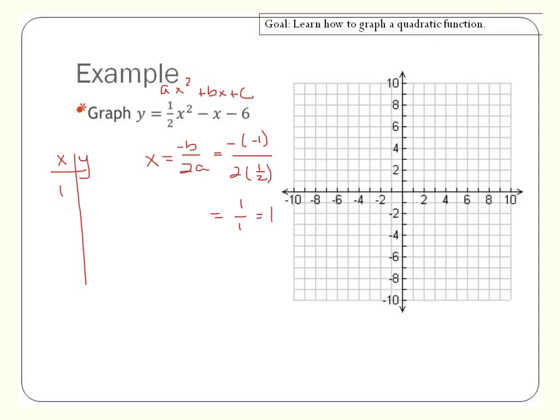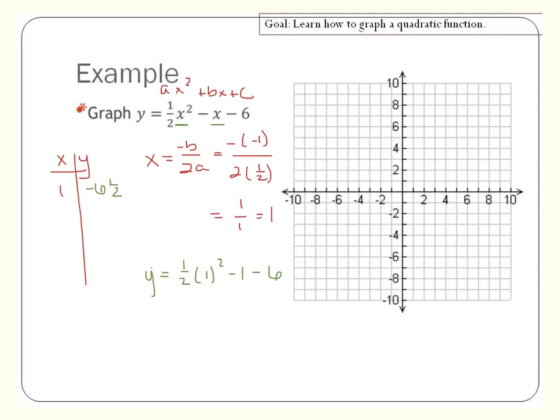So my x I want to start with is 1. Then you're going to plug x in for these x's and find the y that corresponds to that x. So y equals 1/2 times 1 squared minus 1 minus 6. So a half minus 1 is negative a half, minus 6 would be negative 6.5.